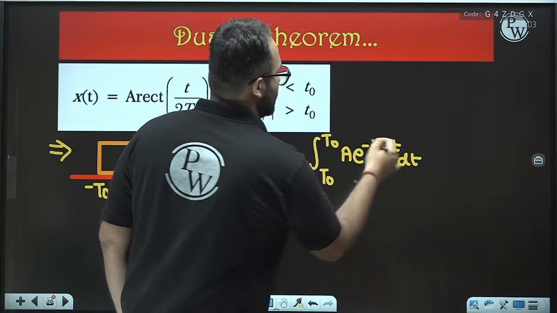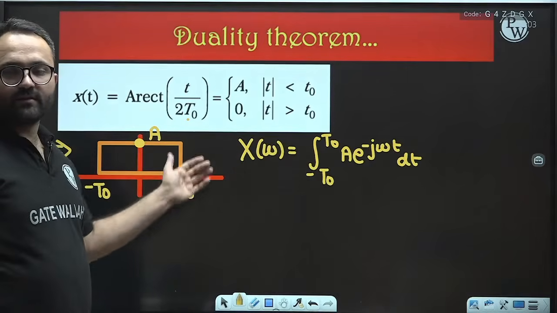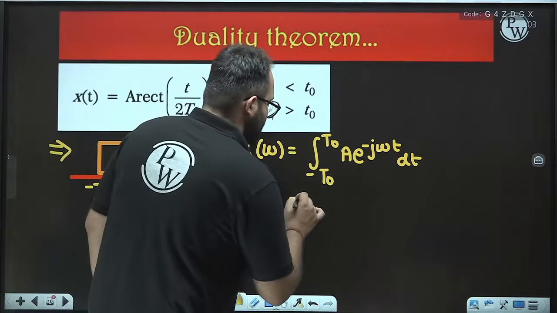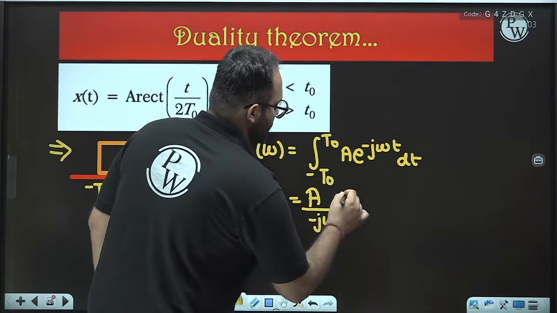We can use the formula directly because this is an absolutely integrable signal. So we can apply the formula, no issues in that. When we integrate this, we will get A upon minus j omega.